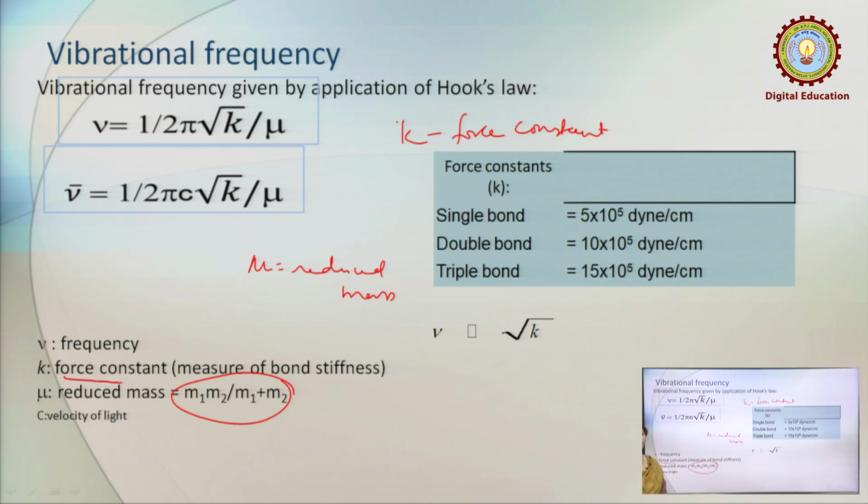If we want to calculate the wave number of absorption, the formula becomes 1 upon 2 pi c root k by mu, where c is the velocity of light, k is the force constant and mu is the reduced mass.